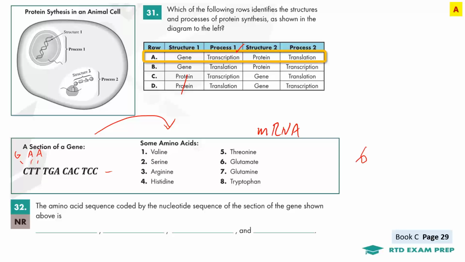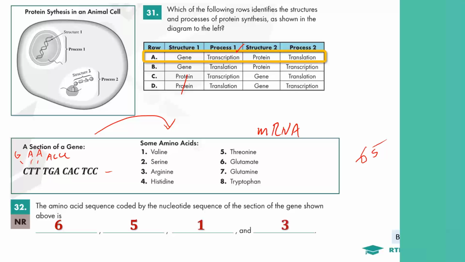And then T to A, so A, C, U. Go to your chart, and you're going to get 309. Continue that pattern, and you'll have 6, 5, 1, 3.